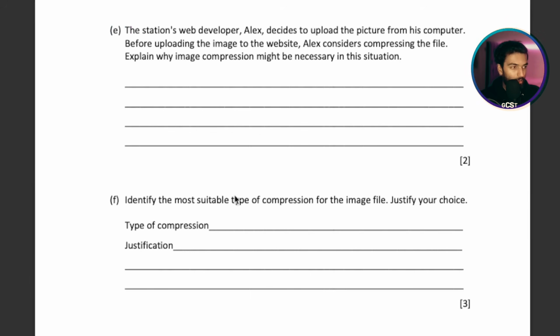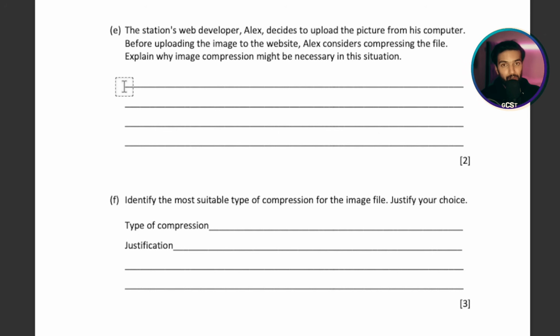Alright, part E, last two questions actually. The station's web developer Alex decides to upload an image from his computer. Before uploading the image to the website, Alex considers compressing the file. Explain why image compression might be necessary in this situation. So if you don't know what compression means, that is making something smaller whilst also retaining some of the information, it depends.